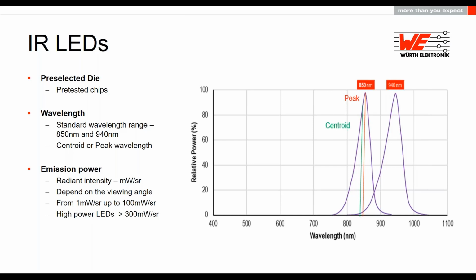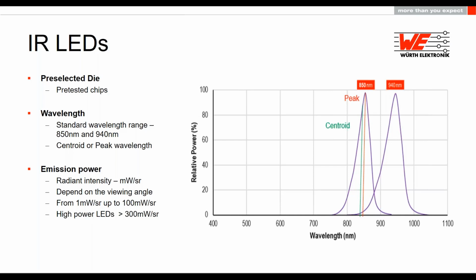The infrared can also be identified with this 850 and 940 nanometer with two different wavelength parameters, the peak and centroid wavelength. In the photo you can see the peak wavelength is the peak of the maximum emission, or where the emitted power is the maximum.